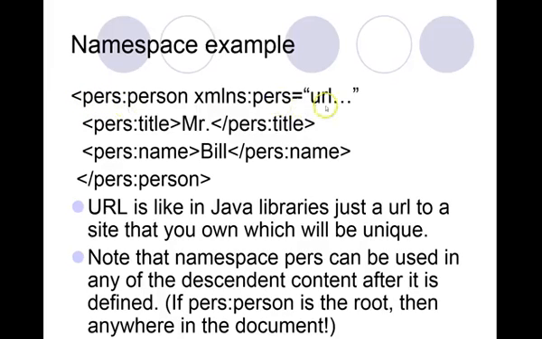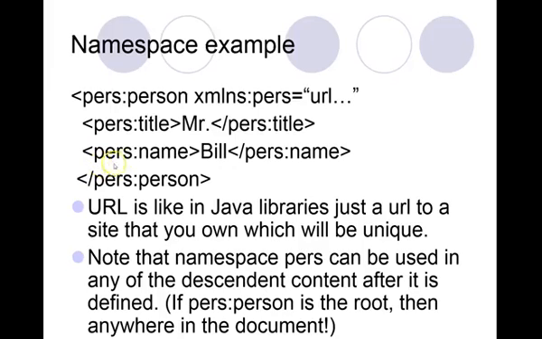Okay? And then this is going to be a URL, which might or might not be actually valid. It might just be a unique identifier like we do in the Java libraries to prevent a conflict, or it could be an actual URL with a working definition of a type of namespace and a type of document. So here you can see that we have title in the namespace of person, and then that's Mr.